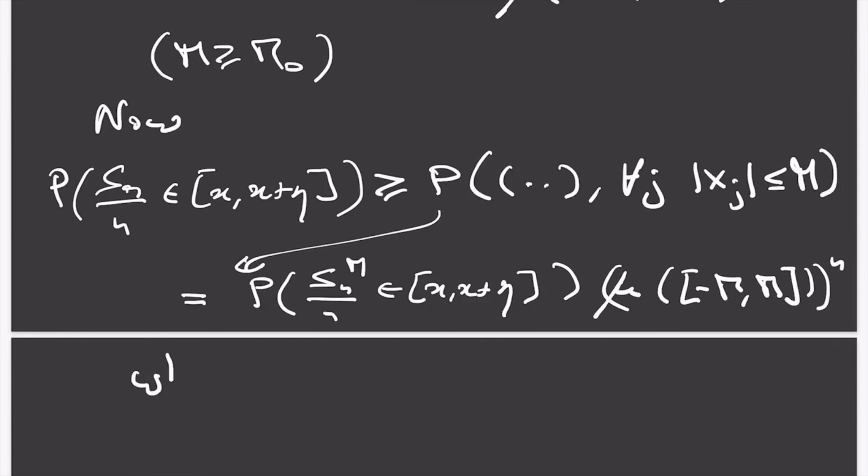And where Snm here is simply the sum of the xim variables.